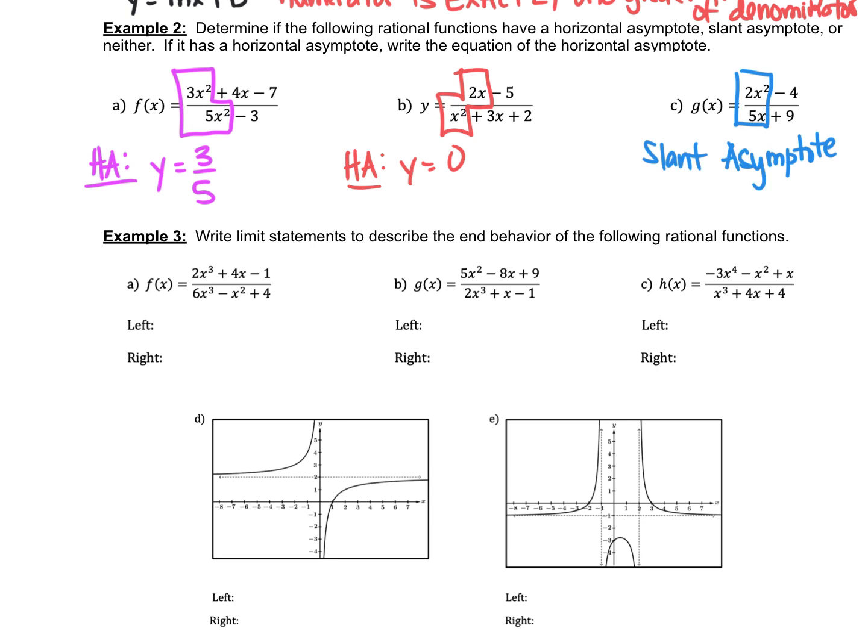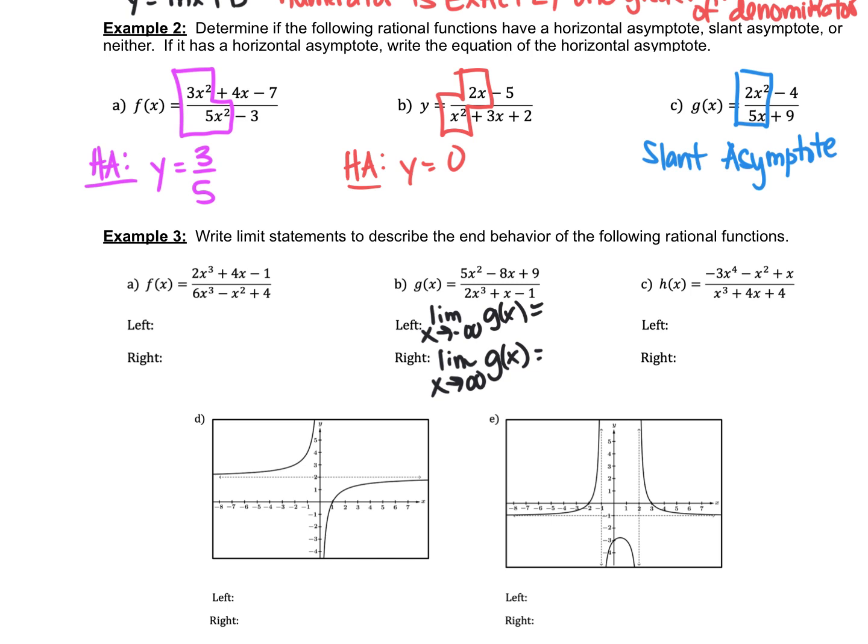So we want to know the end behavior. On the left, it's going to be the limit as x approaches negative infinity of g of x. And then from the right, the limit as x approaches positive infinity of g of x. So my statements will start the same for all of them. What we have to figure out is, what's happening? Do we have a horizontal asymptote in this situation?